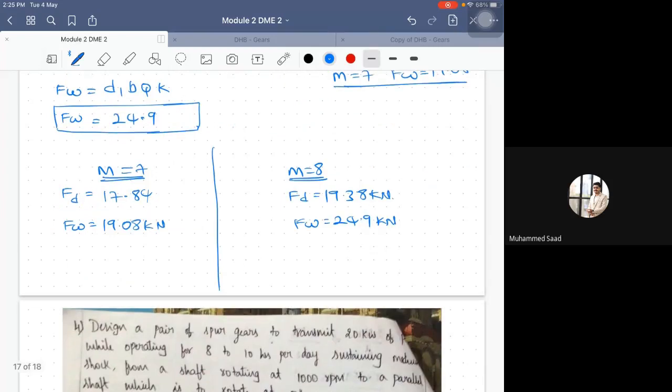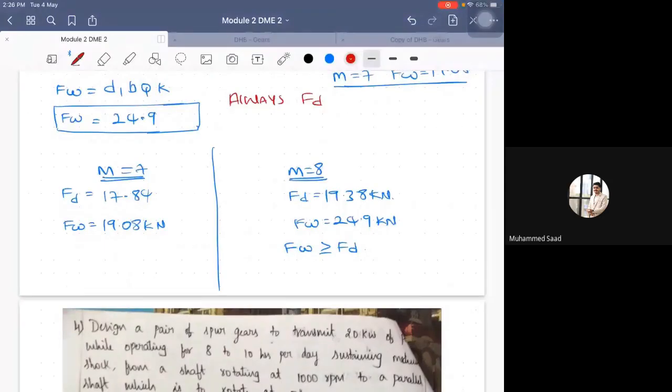Whether the FW value is greater than or equal to the FD value here. I told you, always, the dynamic load should be smaller.